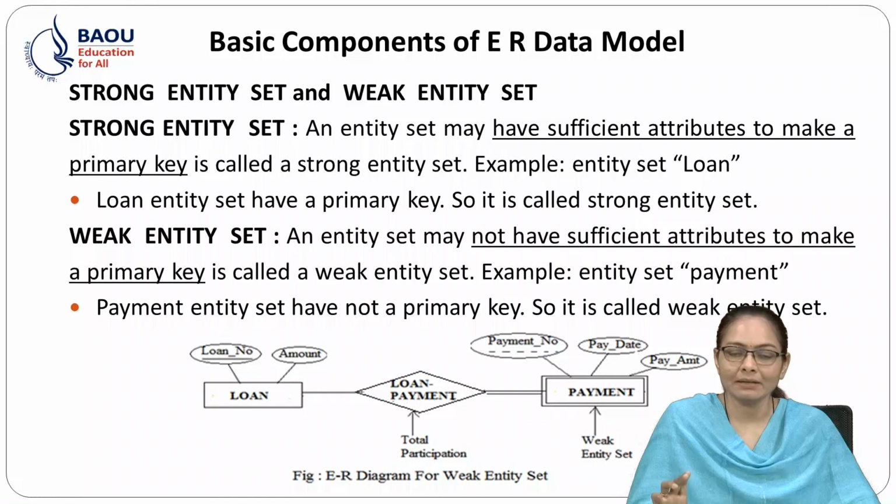But the payment number does not have unique data, because every loan can have the same payment number. For example, suppose loan 1 has 2 payments, payment 1 and payment 2, and loan 2 has 3 payments, payment 1, payment 2 and payment 3.